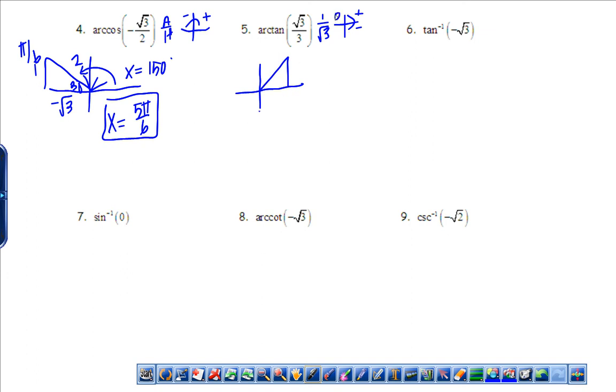This is opposite over adjacent. So opposite side is 1, adjacent is 3. So it looks like this is 2. If you've noticed, every triangle is either going to be 30, 60, 90, or a 45. Okay, so this is 30. So if your reference angle is 30, that's all I need to do and change it to radians, so that's pi over 6.